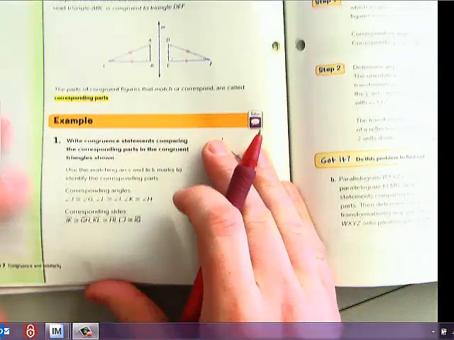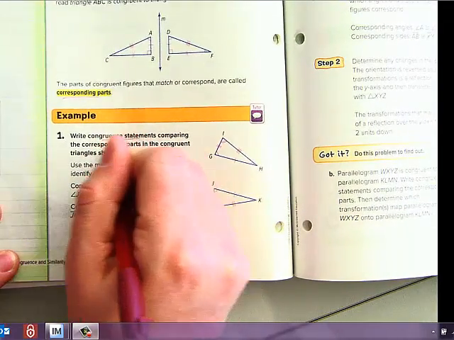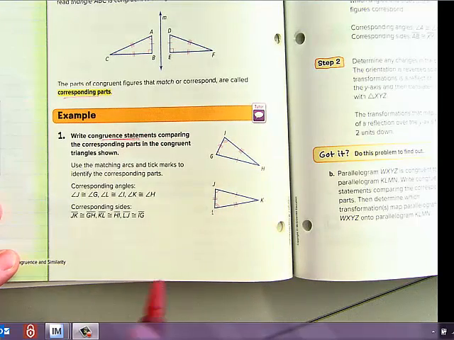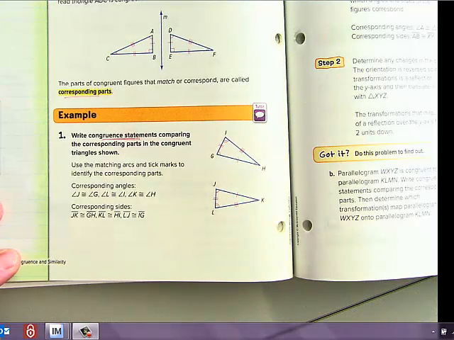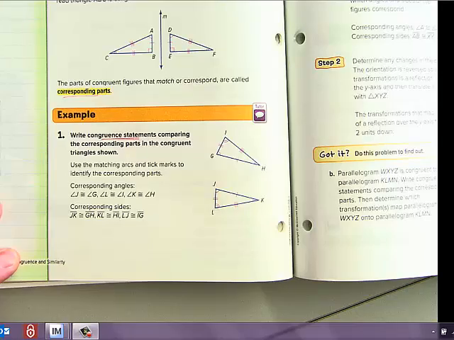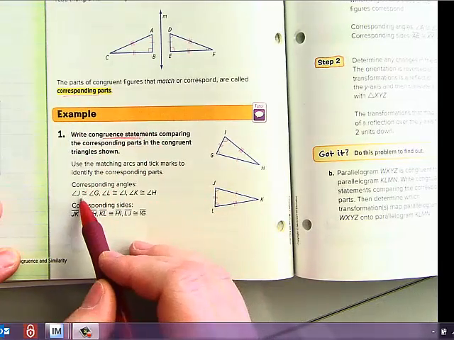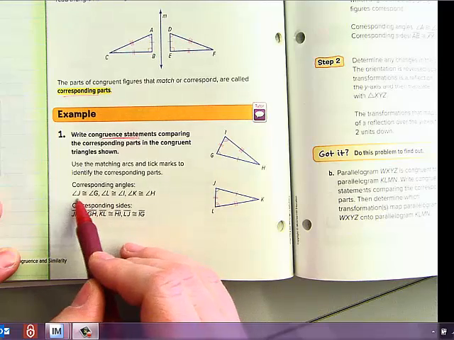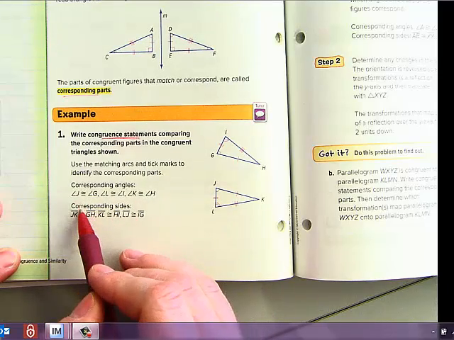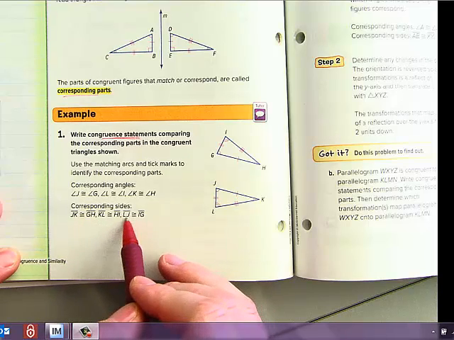Let's look at example 1. Now here, it says make congruency statements, okay? Now, congruency statements simply mean basically the two things that make something congruent. The two things that make something congruent are same size and then same shape, okay? So the same shape is proven by all the angles being the same. The same size is proven by all of the sides being the same.